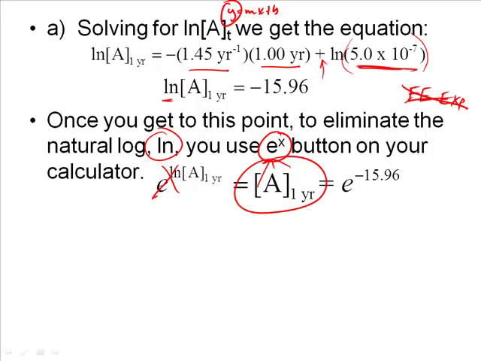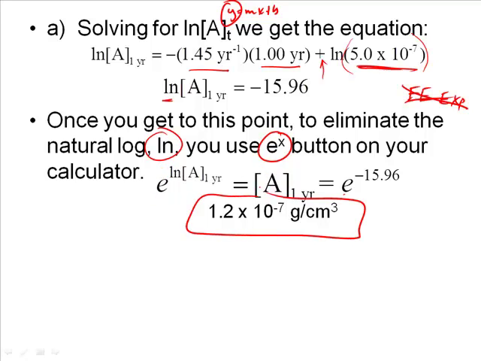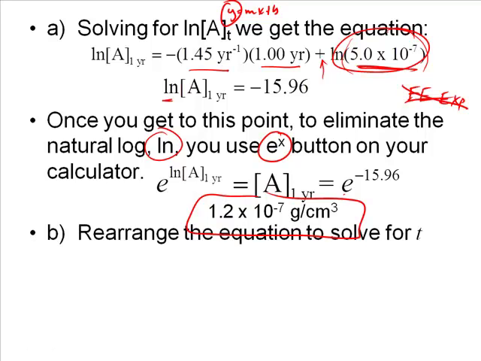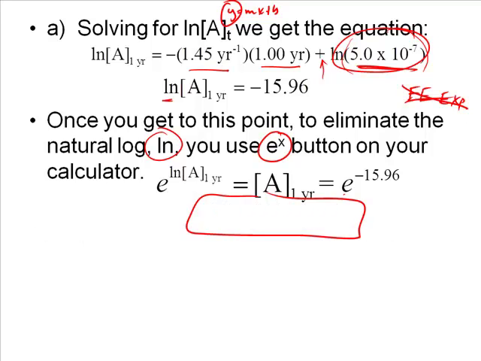So the concentration of A at 1 year is going to be e to the negative 15.96. I would do this yourself on your calculator. You should get an answer of 1.2 times 10 to the negative 7th. So it started out at 5 times 10 to the negative 7th, and it went down to 1.2 times 10 to the negative 7th.